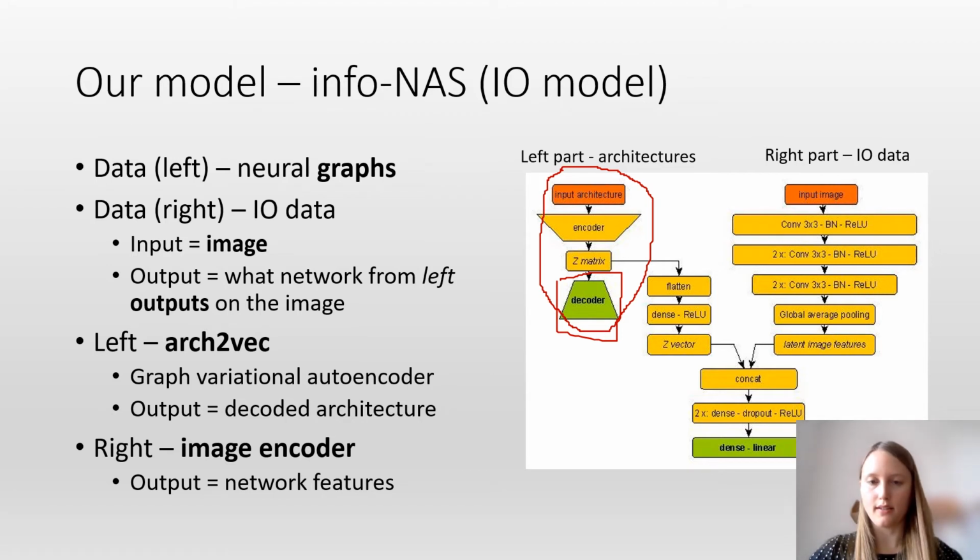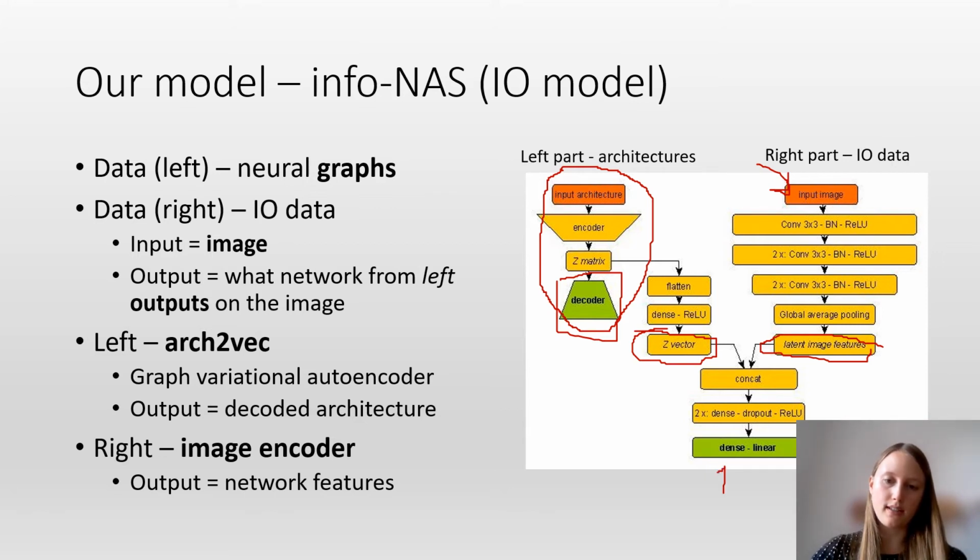This is a stack of convolutions, and it processes an input image, and then it concatenates the representation of the network from arc2vec with the representation of the image. It concatenates them, and then we try to predict the output features. So here, that's a vector that's to be predicted. That can be, for example, the vector from just before the softmax layer.